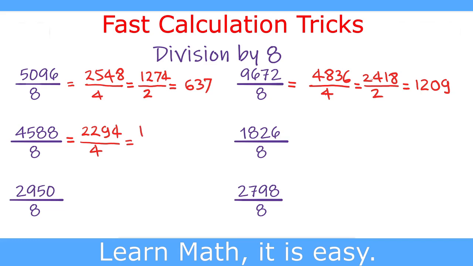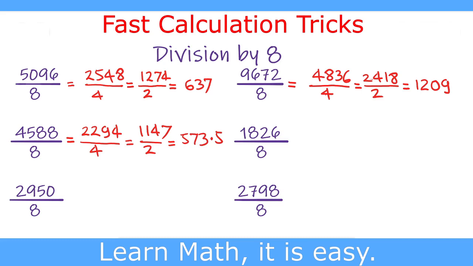So this becomes 1147 divided by 2. We further half 1147. Half of 1100 is 550 and half of 47 is 23.5. So 550 plus 23 is 573, so this becomes 573.5.